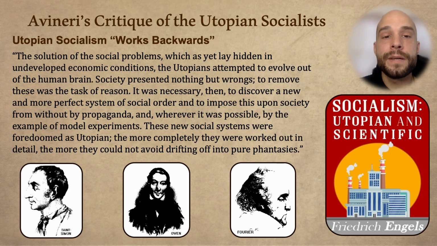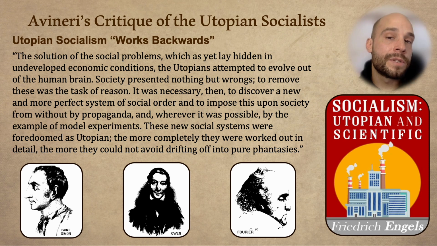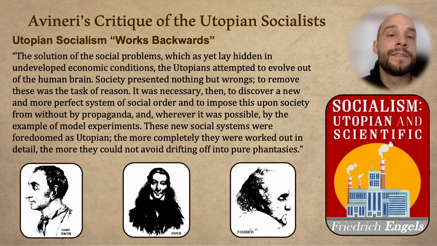It was necessary then to discover a new and more perfect system of social order and to impose this upon society from without by propaganda, and wherever it was possible by the example of model experiments. These new social systems were foredoomed as utopian. The more completely they were worked out in detail, the more they could not avoid drifting off into pure fantasies.